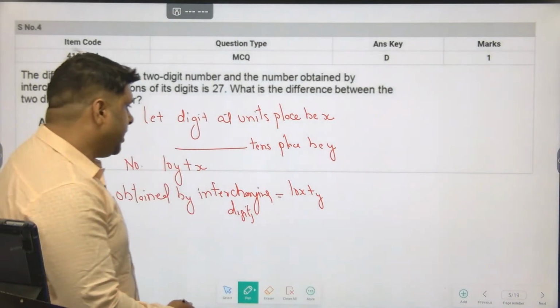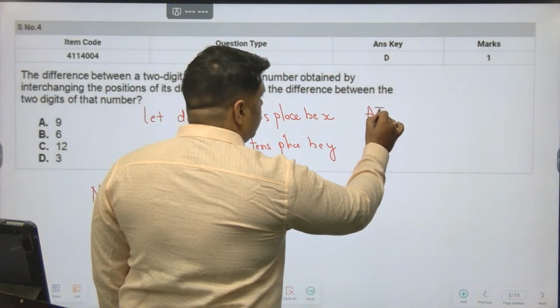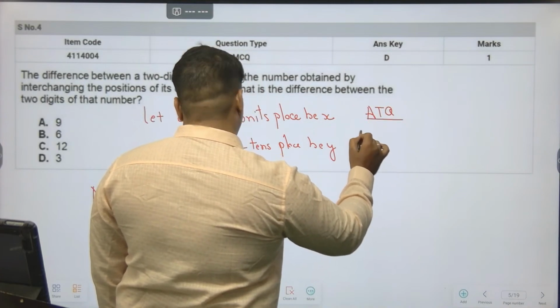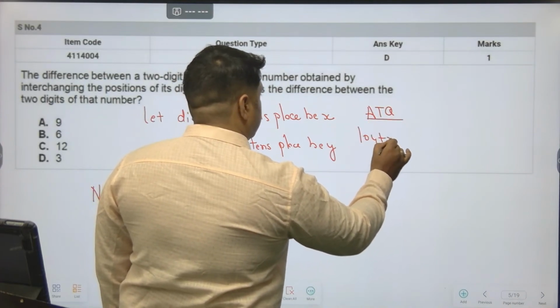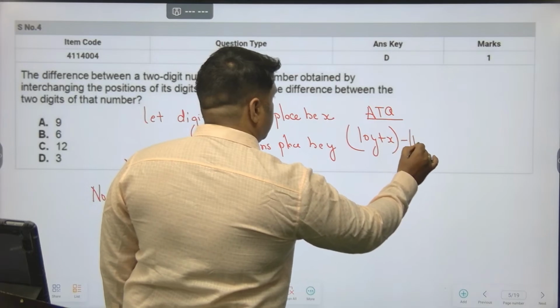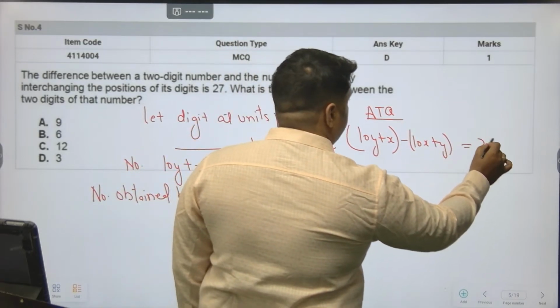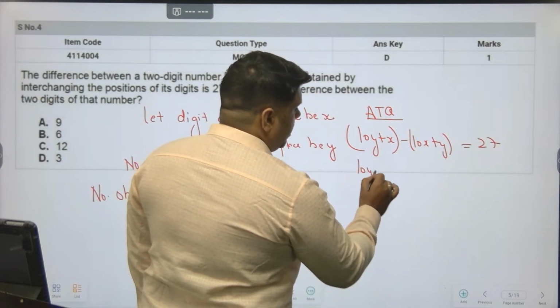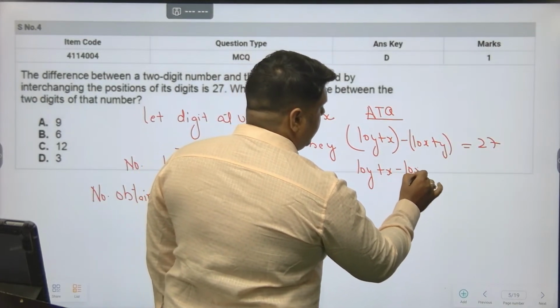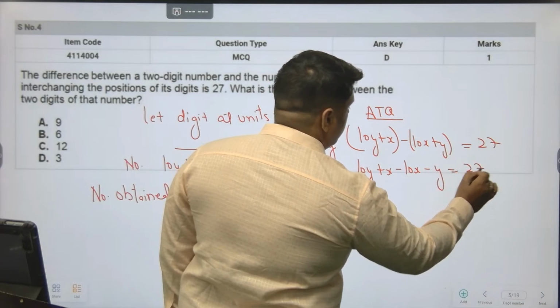So subtract them directly. According to the question, 10y plus x minus (10x plus y) is equal to 27. So 10y plus x minus 10x minus y is equal to 27.